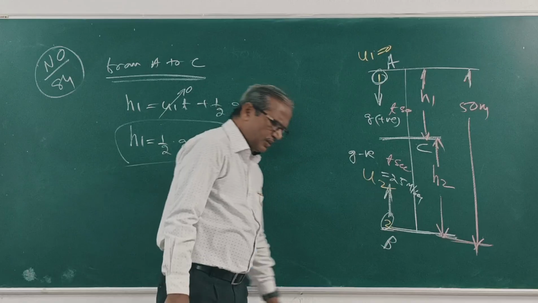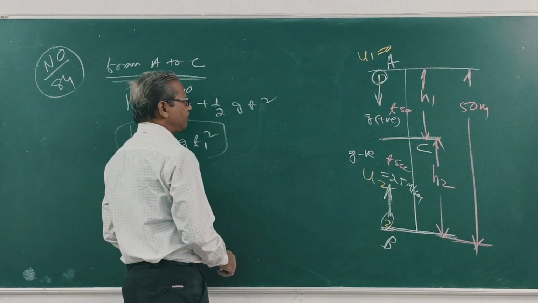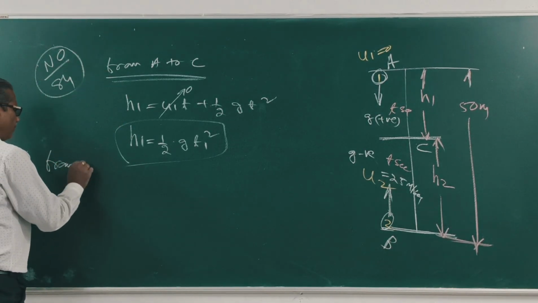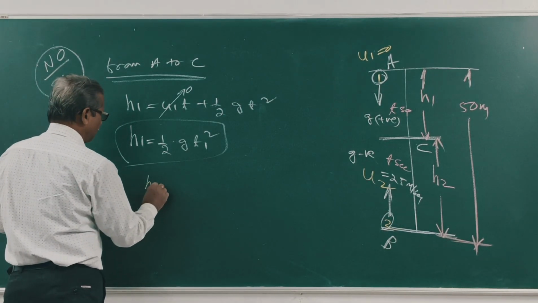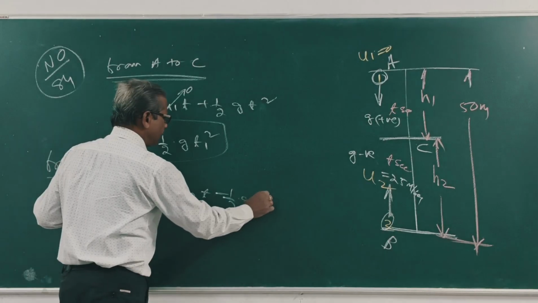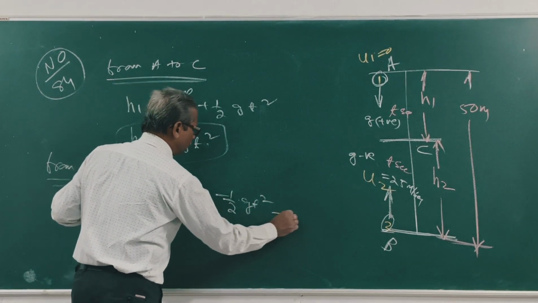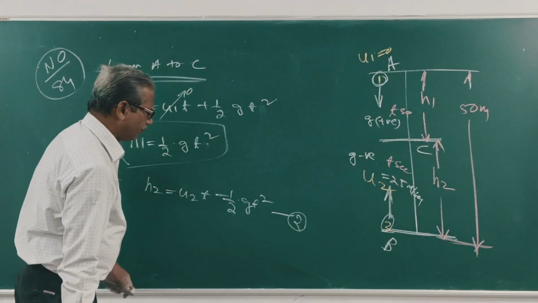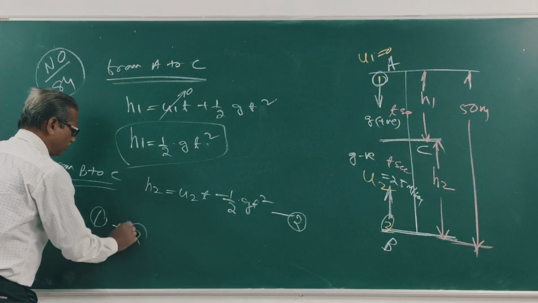H1. Right? Now from B to C. What is H2 equal to? U2 T minus half G T square. Equation 2. Now, equation 1 plus 2.